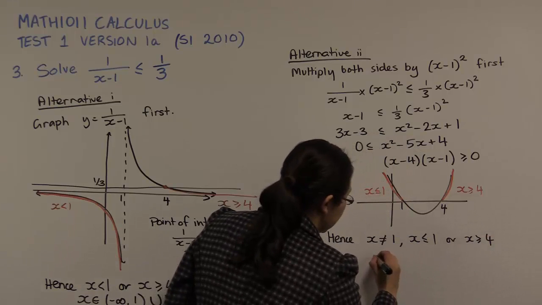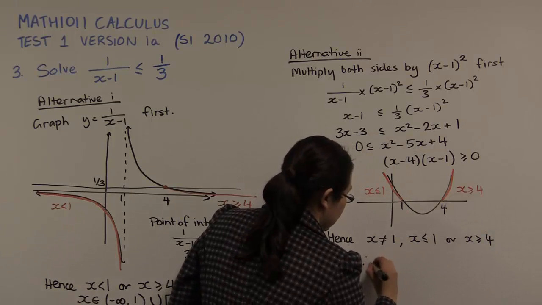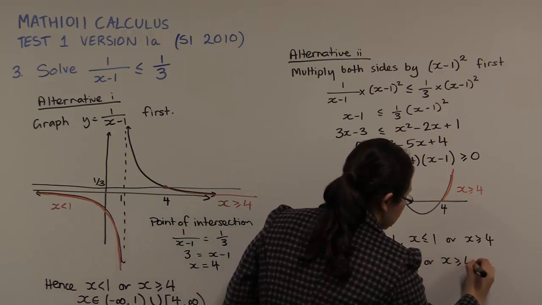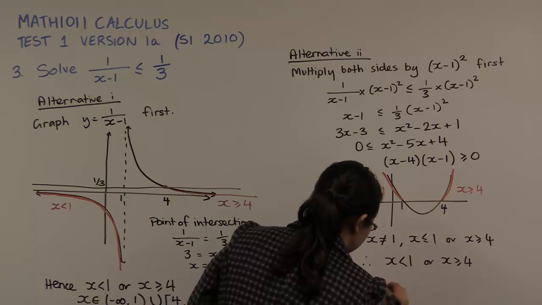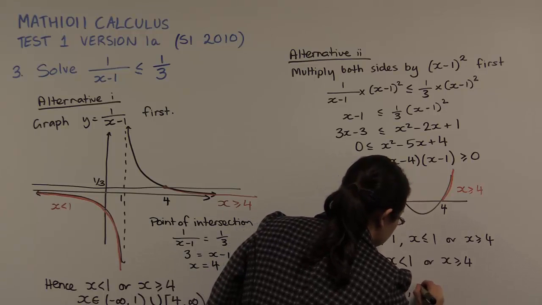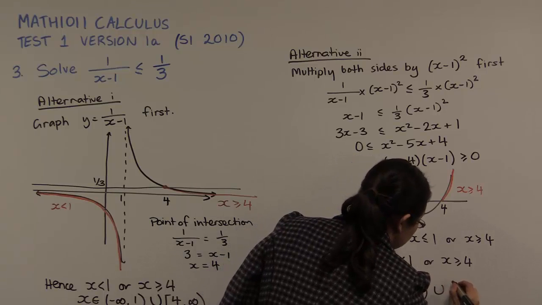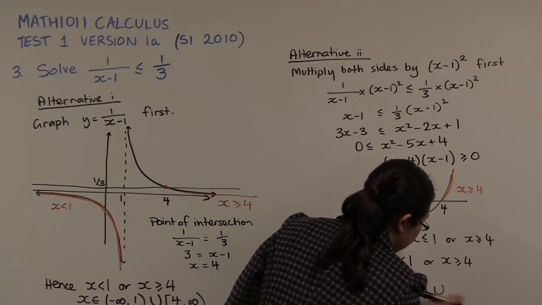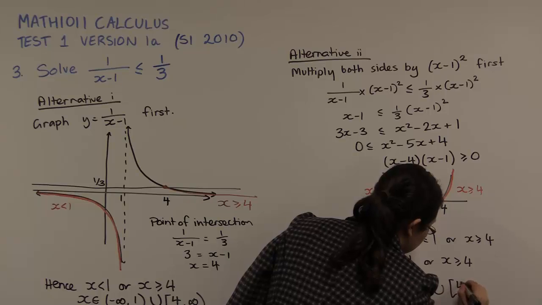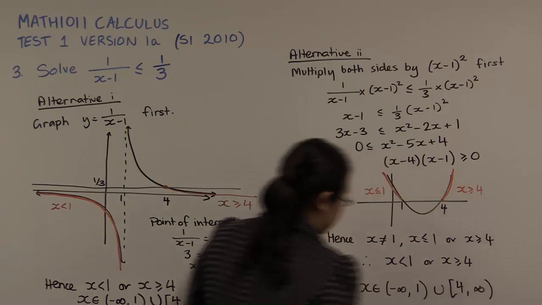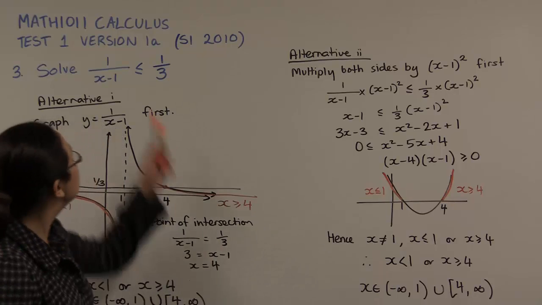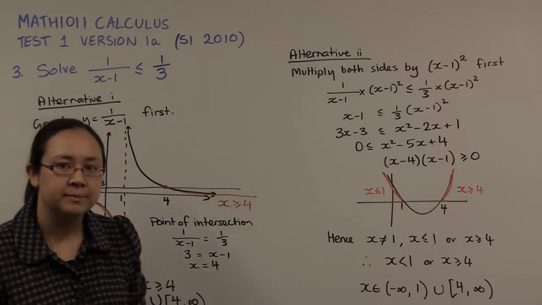And putting those together, we have x is less than 1 or x greater than 4, which is the same solution, which we can write as a union of sets here. So there are two different approaches to solving this inequality with x in the denominator.